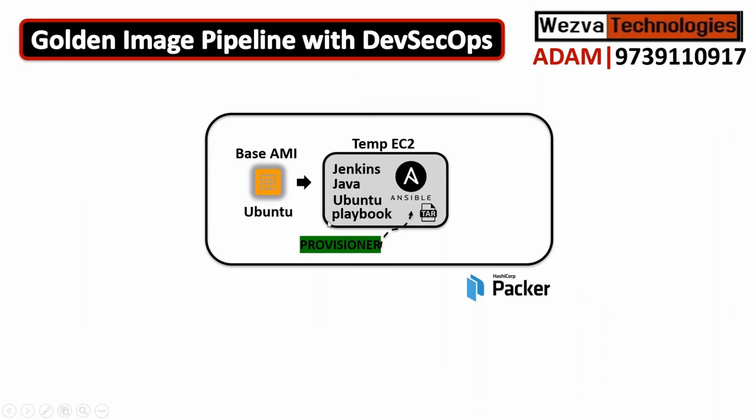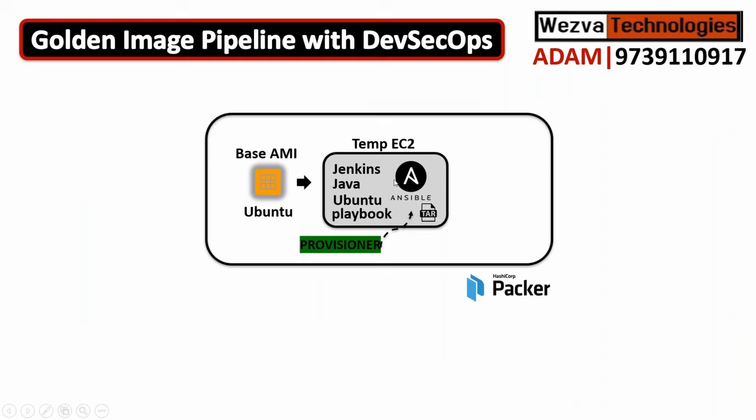So how does it work? You call Packer. Packer will create a temporary machine based on a base OS that you specify. With the help of Packer, we will call Ansible and install and configure whatever versions and applications you want.